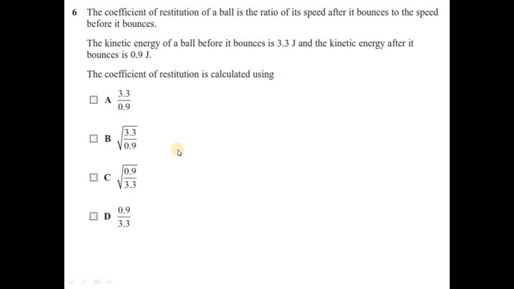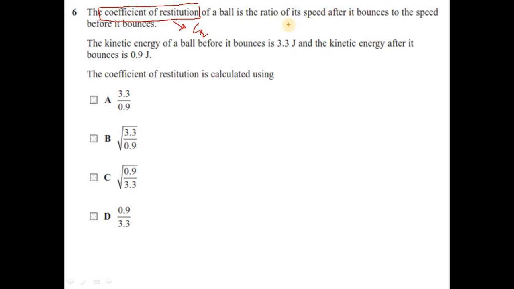Okay, so the coefficient of restitution, I am giving a symbol CR. Remember, it's not a standard symbol, it's just for understanding. So CR, coefficient of restitution.